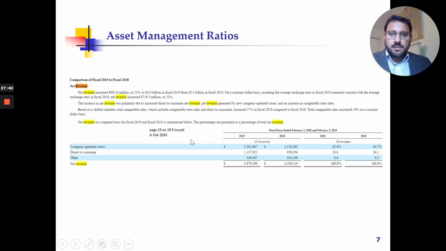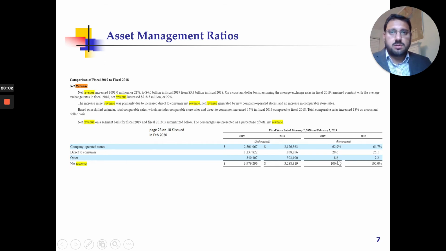For Lululemon, in its 10K, which was issued in February 2020, and this is the financial report for the fiscal year 2019, we can see that this is the sales to others.